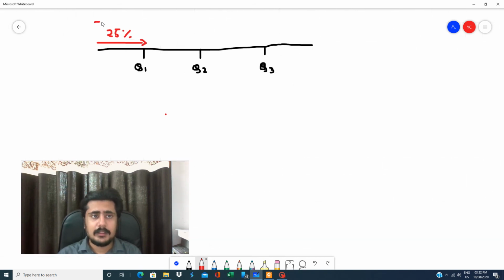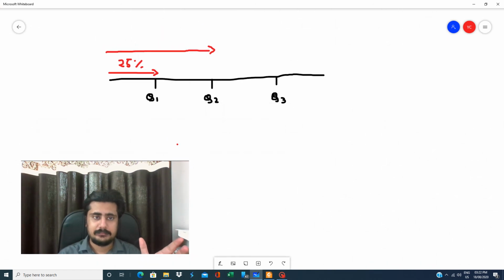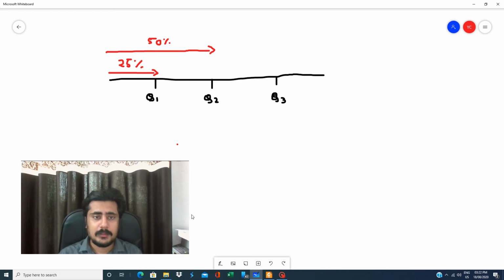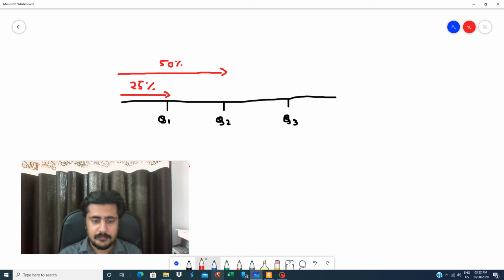Q2 covers from here to here. This is the core concept: it always starts from the left end. So Q2 will cover 50% of the data.